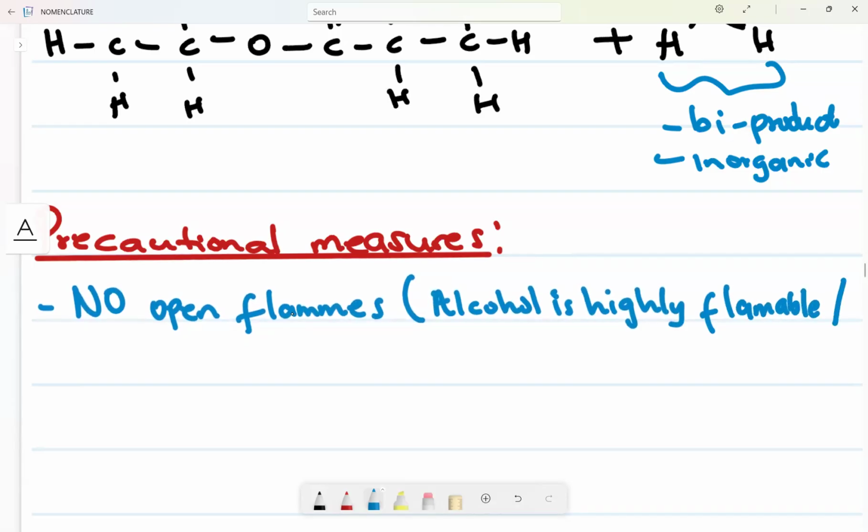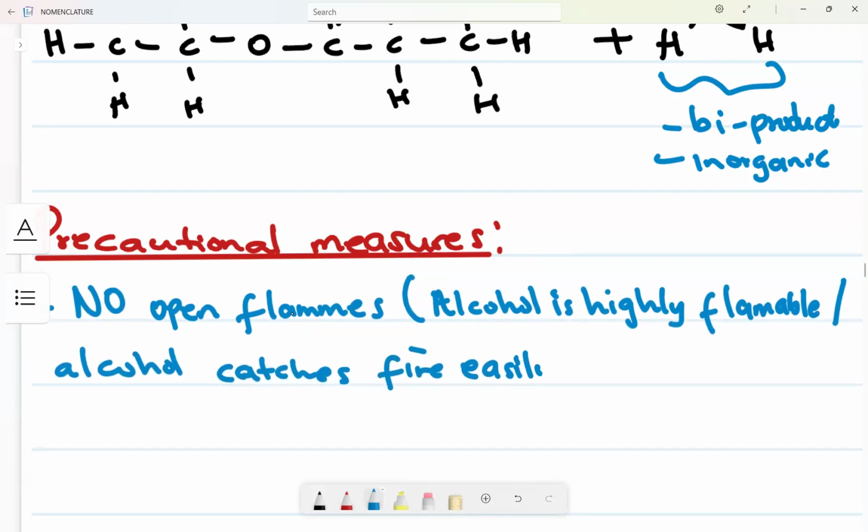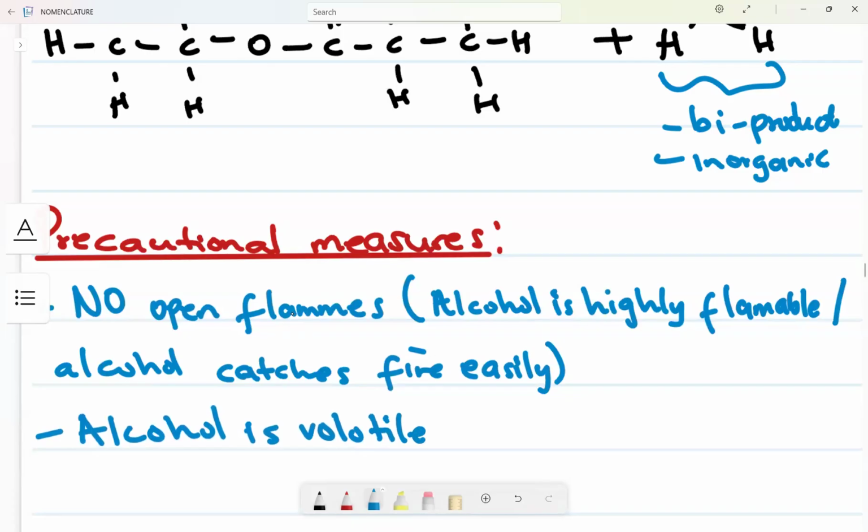If you do not like English like me, you can say alcohol catches fire easily. Another word: alcohol is volatile. Now the question is, what is volatile?